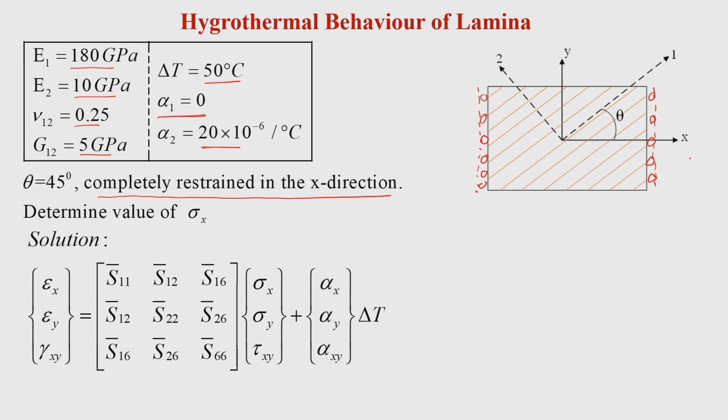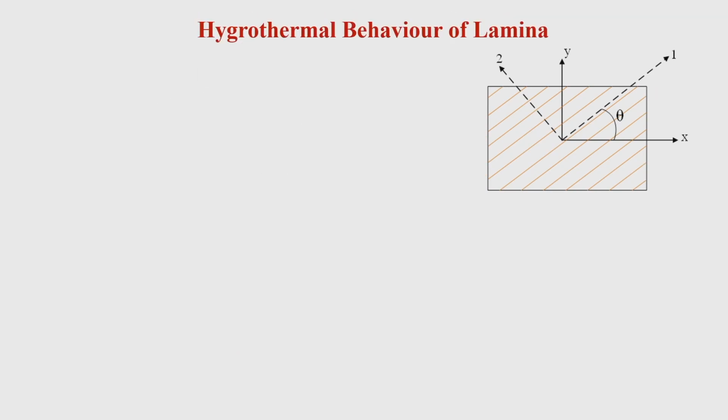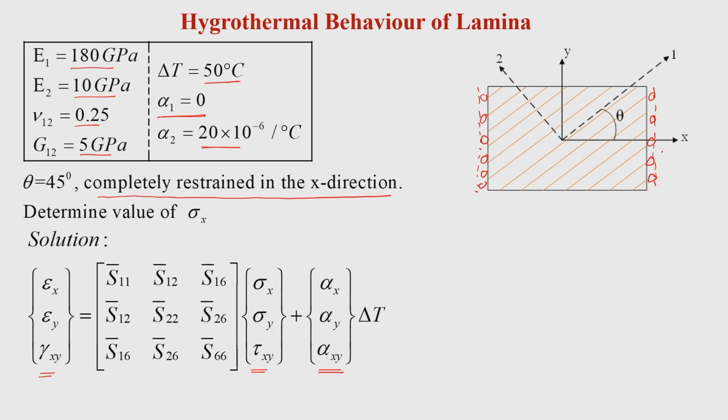Now, we have the stress strain relationship given by this: the strain in the xy plane is related to the stress in the xy plane and the thermal strain. This is the total strain, because there is no moisture content part here. Now, in this case, there cannot be any strain along x.